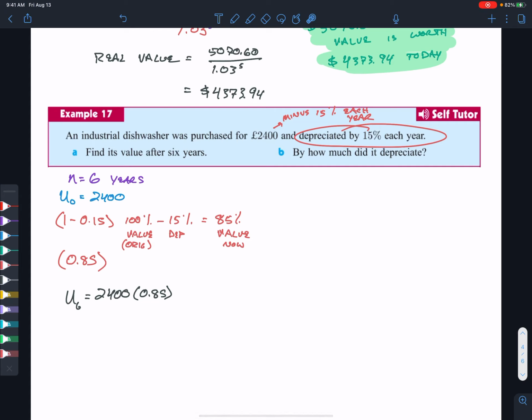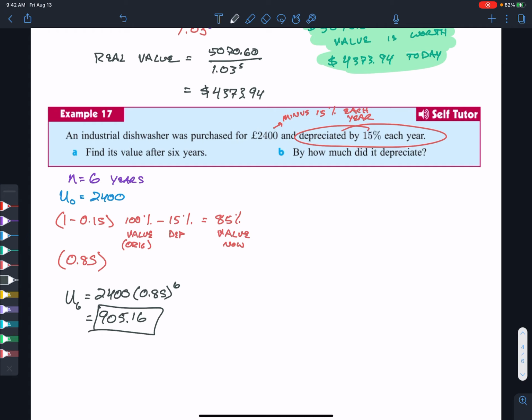That means this thing is going to go down. And we're going to do that for 6 years, so that's going to be to the 6th power. So when we calculate that out, we've got 905 pounds, 16 pence is what that is. So there's our value for today.